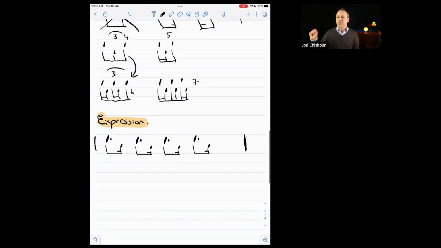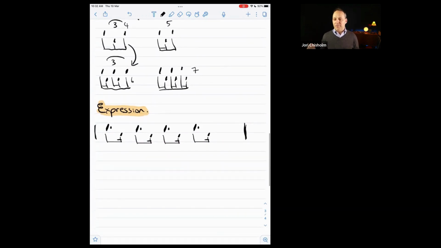The additional thing that we're going to do in Strathspeys is we want to bring out the first and third beat in each bar. So the pulsing now takes place over the entire bar. So instead of 1 and 2 and 3 and 4, it's 1 and 2 and 3 and 4 and 1 and 2. So you're really stretching out that first and third beat.